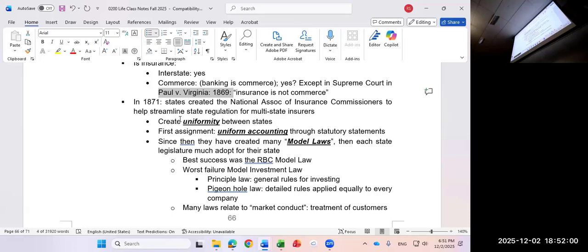But if you're in Virginia, you only have to pay $100. So they're going to discriminate against non-Virginia residents. And so Paul says, hey, forget it, I'm not going to do that. And the Supreme Court says insurance is not commerce. An obvious wrong answer, but anything going on in 1869?